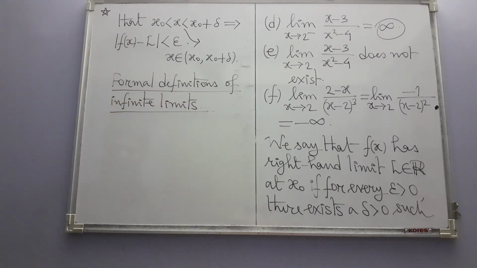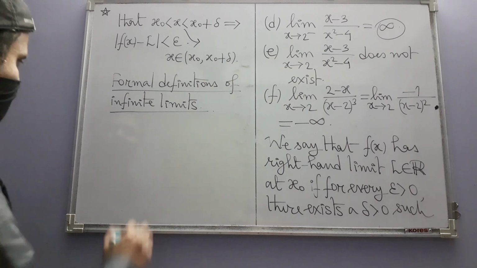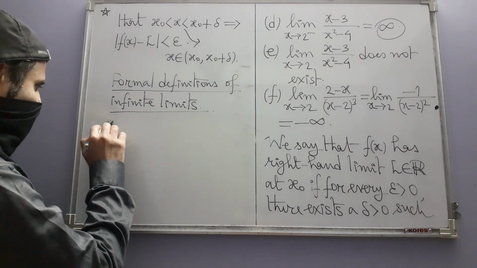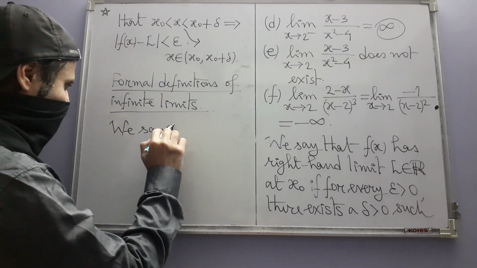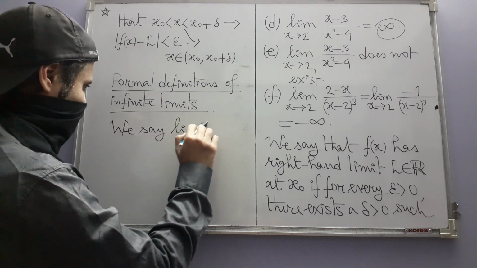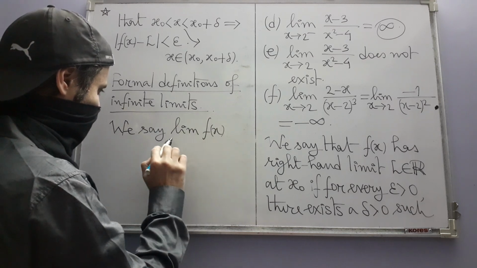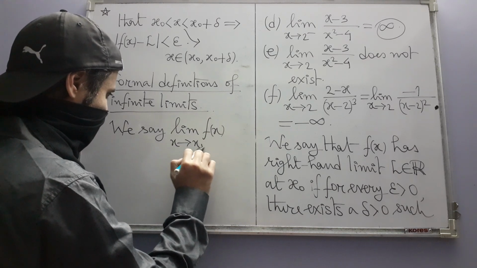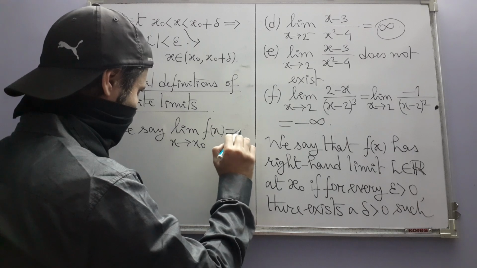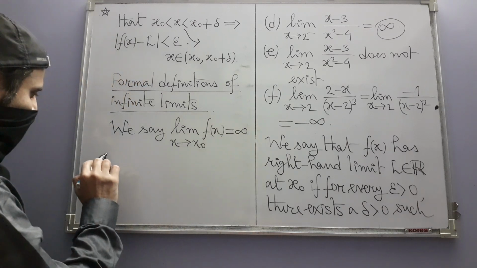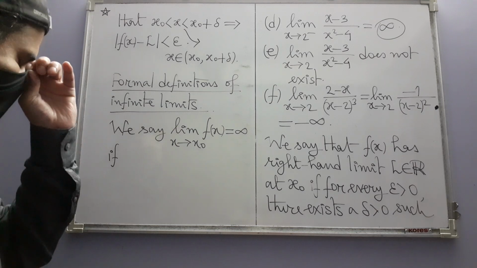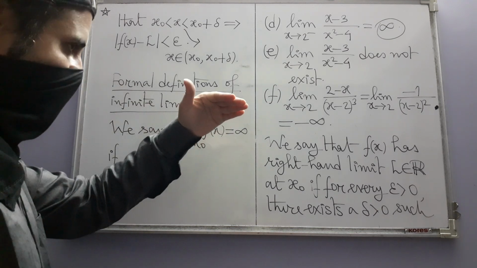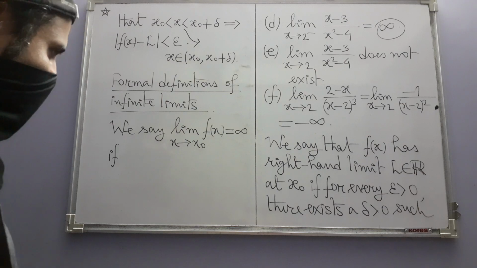And the definition of course goes like this. We say limit of f of x as x approaches x naught is infinity if the functional values increase without any bound, which means what?